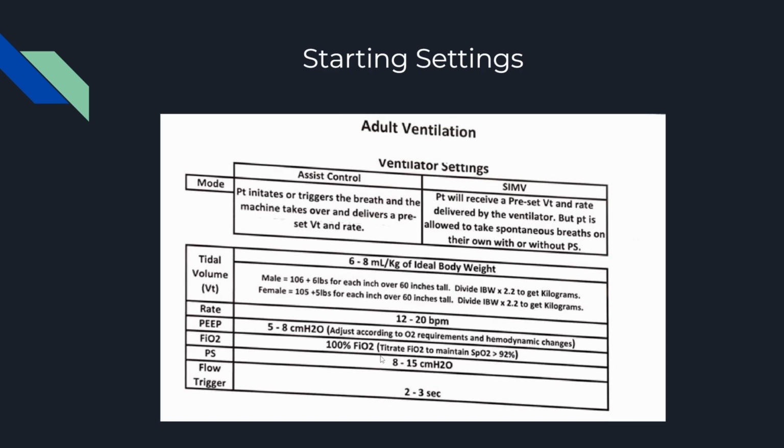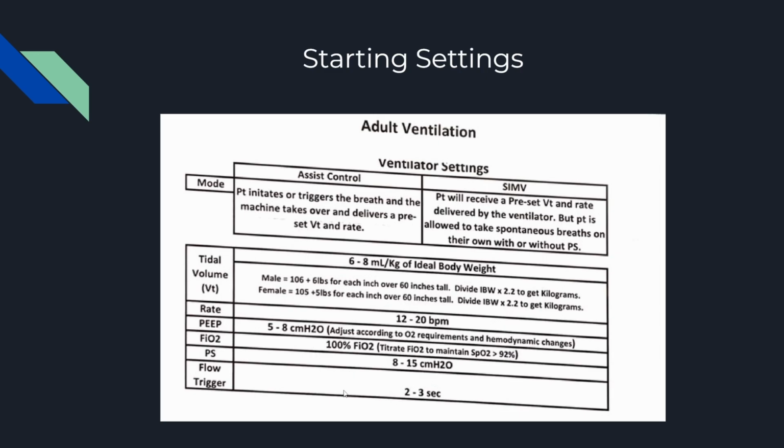Pressure support, you generally are going to start between 8 and 15. It depends. Again, higher pressures for pulmonary edema usually, although pulmonary edema will benefit more from PEEP than pressure support. Okay, combined PEEP and pressure support, you don't usually want to get above 25 to 30. Okay, that's where you start getting to dangerous.